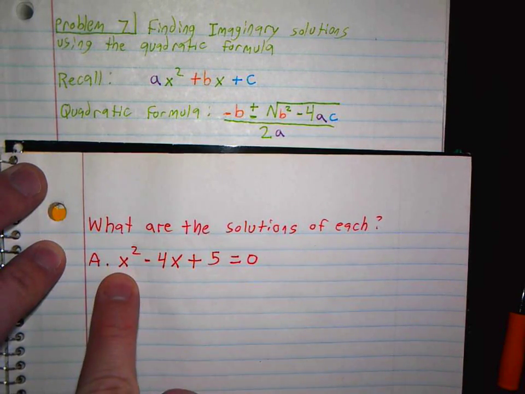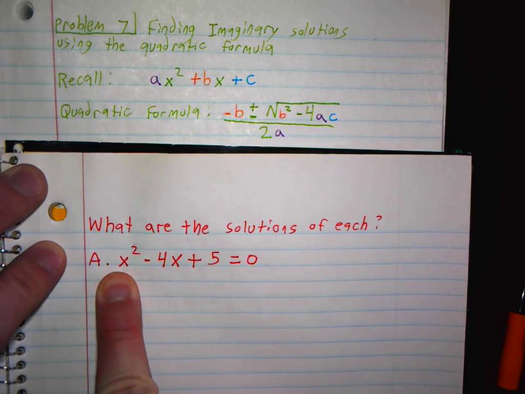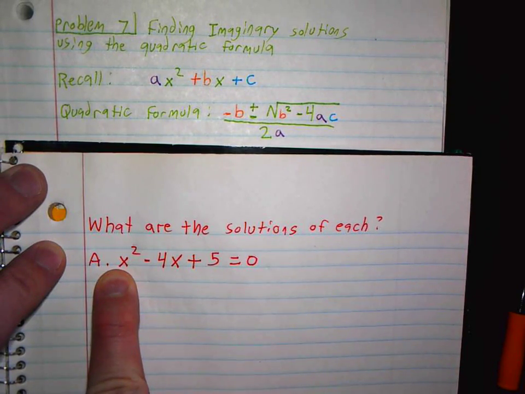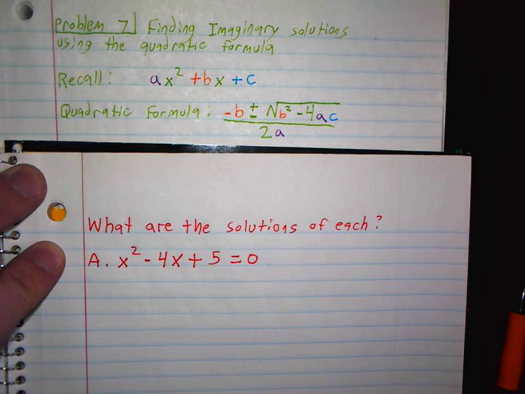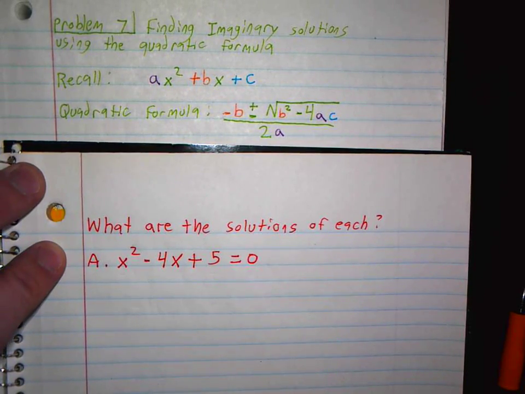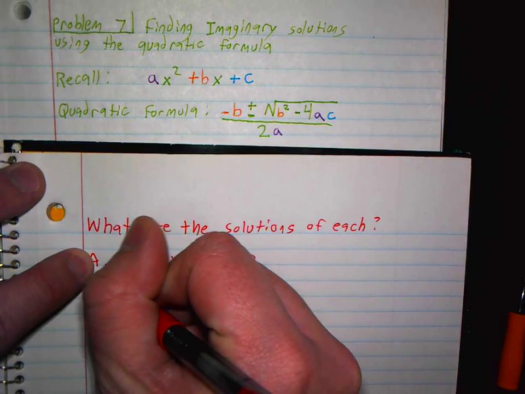Okay, things to keep in mind is if there's no number in front of the x squared, then a would be 1, right? Sometimes they leave out a term. If they leave out a term, then it would be 0. Okay? So what is a? A is 1.